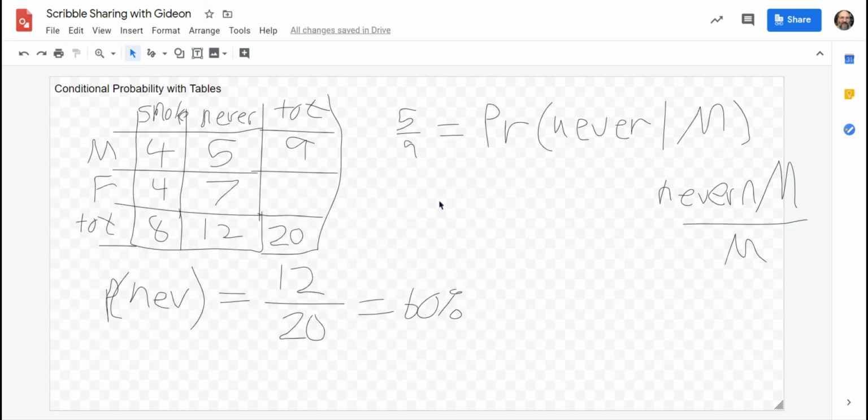Now let's go back to a very different question. What if the question is, what percentage of smokers are male in this sample? What percentage of smokers are male? Oh, that's interesting.